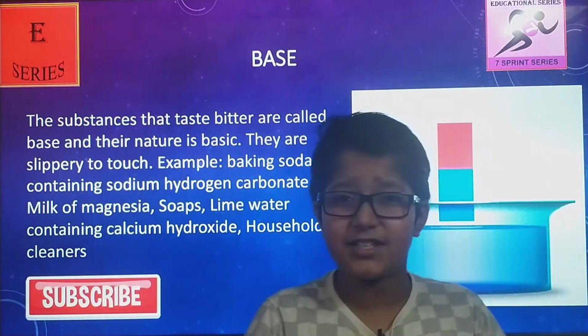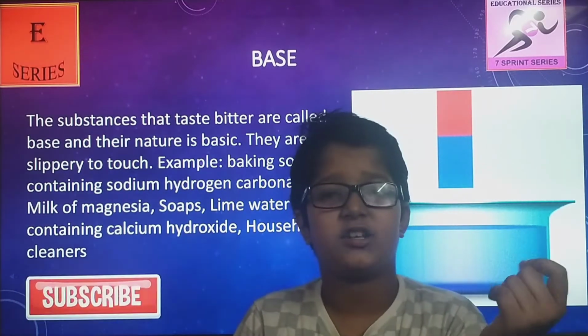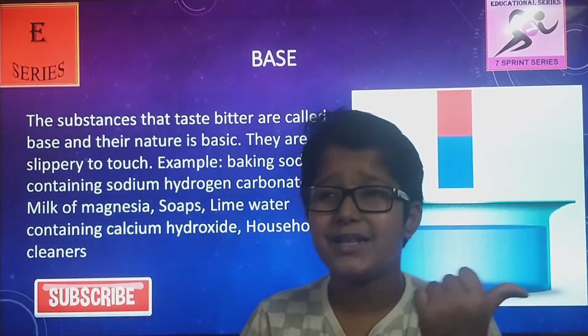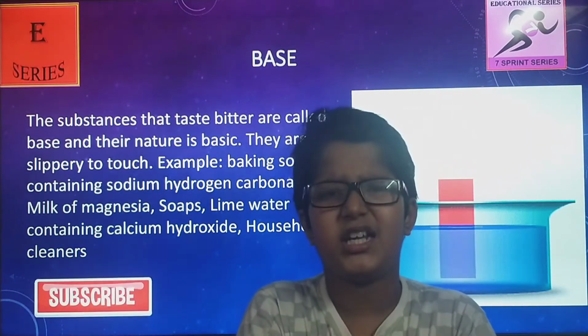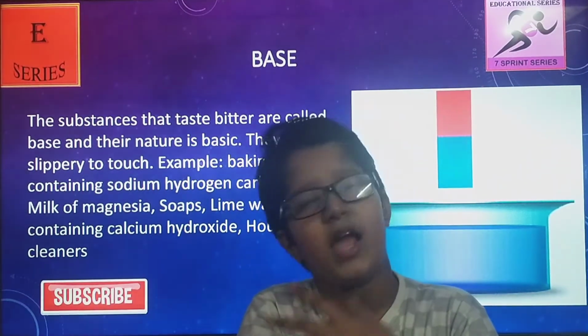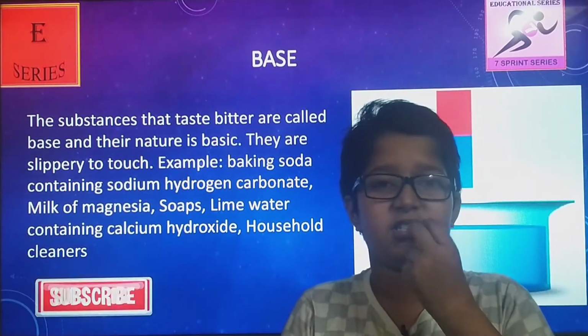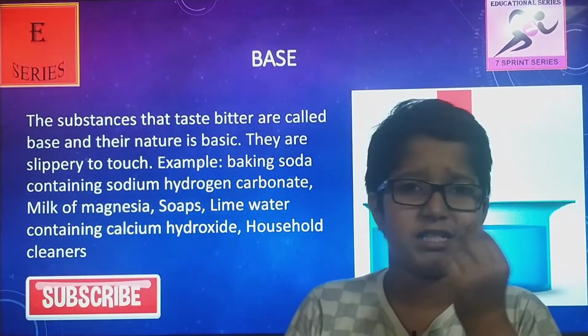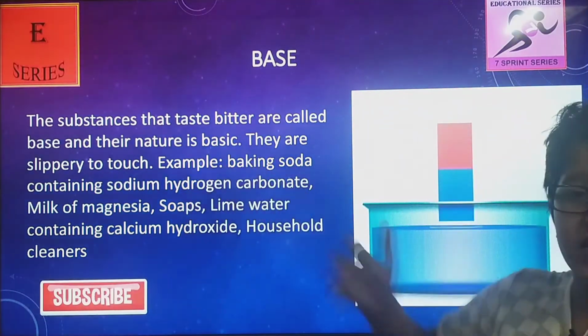Bases are substances that taste bitter. Their nature is basic. Bases are usually found in soap, detergent, cleaners, all of these things have bases. If you taste soap, it tastes bitter, and it is slippery to touch.